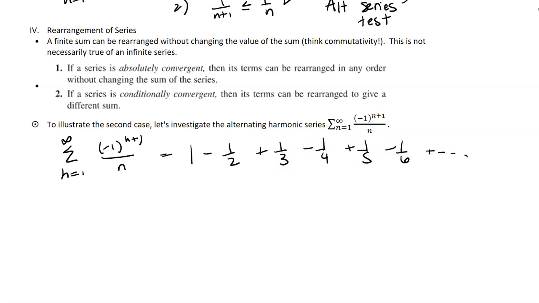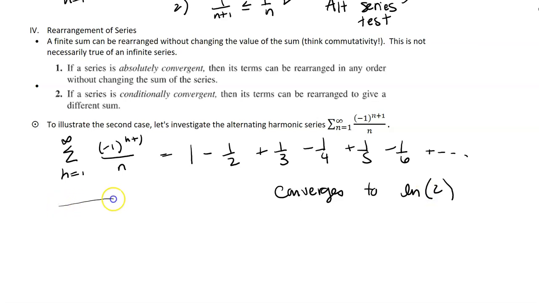And let me just tell you that we have figured this one out and it converges to the natural log of 2. This isn't something that I expect you to know how to arrive at. This is just a fact. This series, and we'll talk about how to get that in a later section. It converges to the natural log of 2.